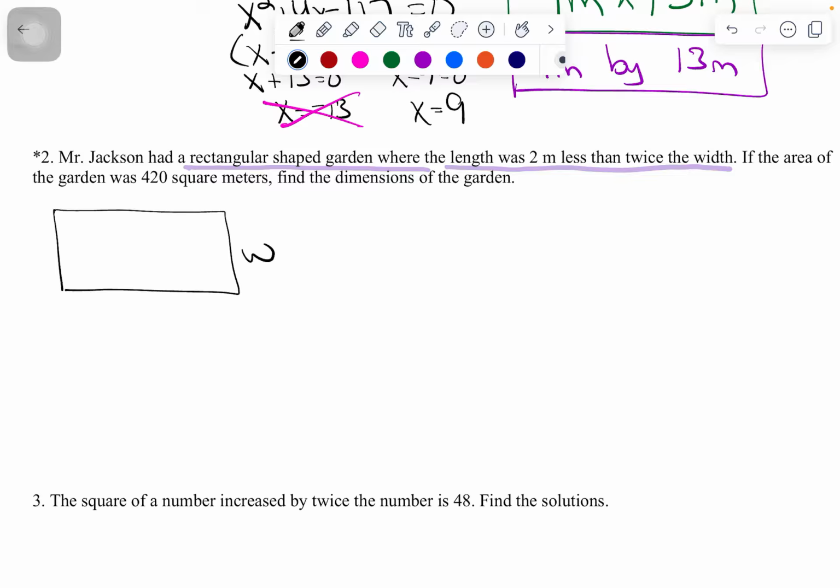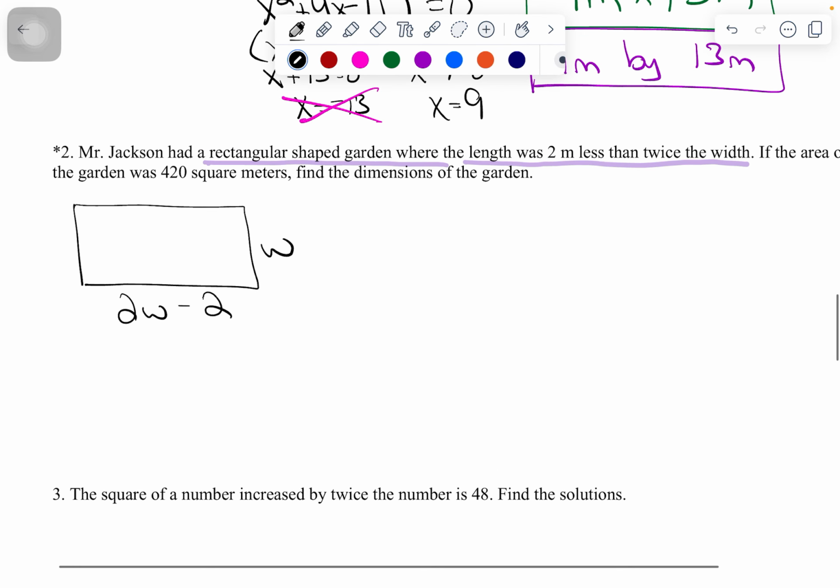Now it says the length is 2 meters less, so we're going to have to subtract a 2. That's the less part. Then twice the width is going to be 2 times W, and 2 meters less than that would be 2W minus 2. The area of the garden was 420.